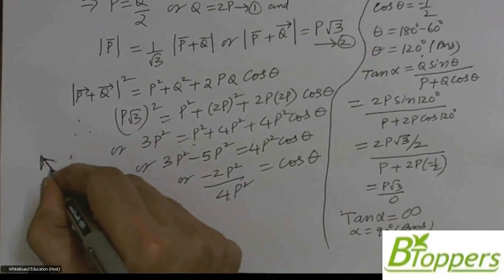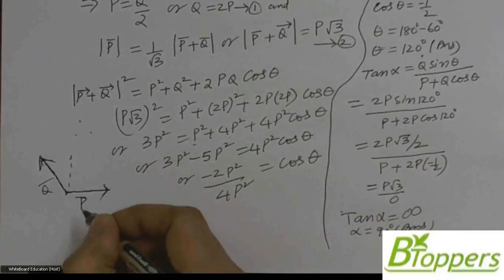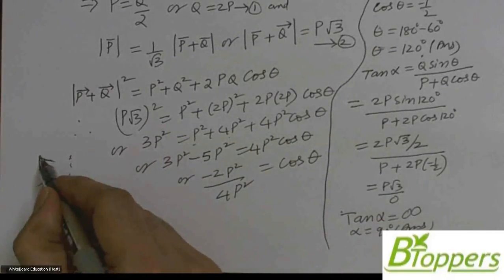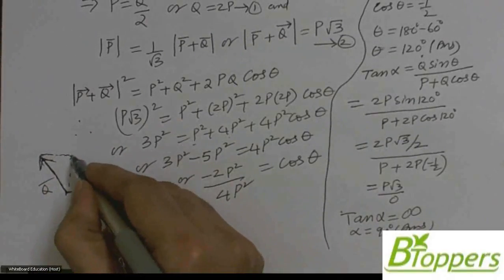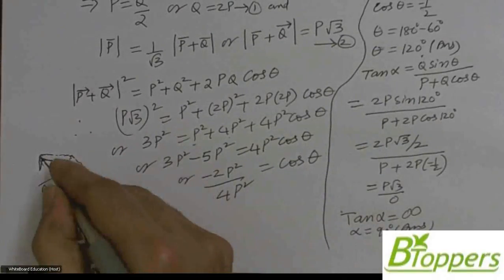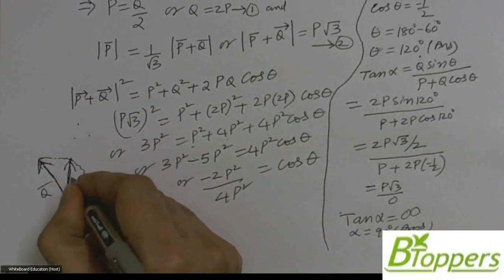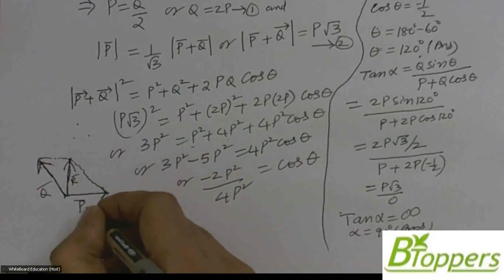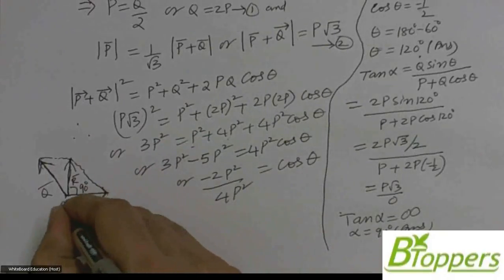Of course, you have to take length of this line to be double the length of this line when you draw on the paper. And we got alpha equal to 90 degrees, means resultant is perpendicular to the first vector p bar.